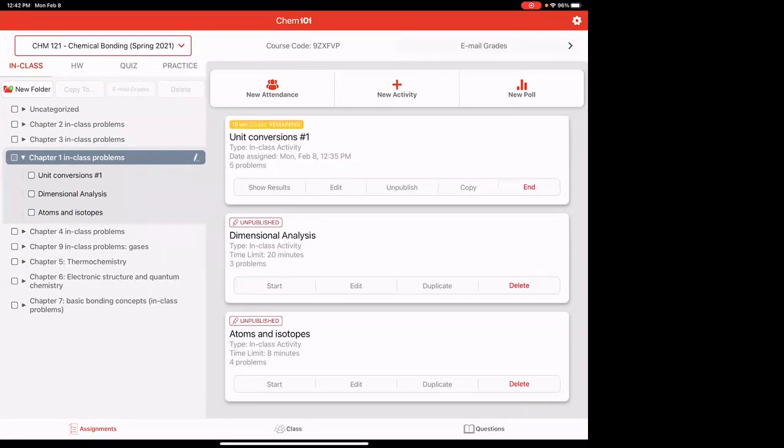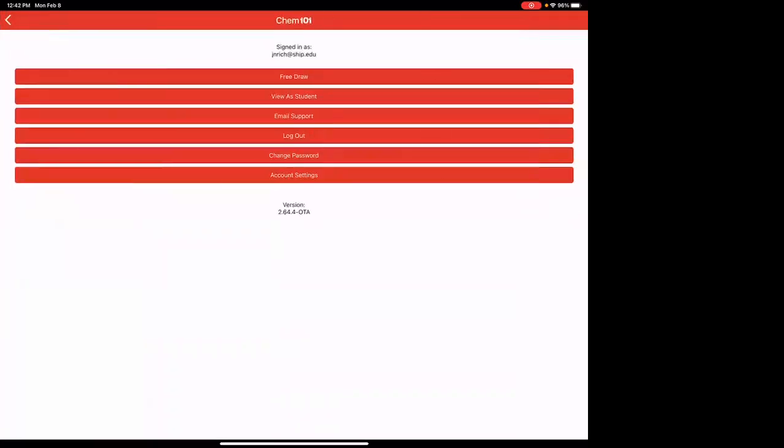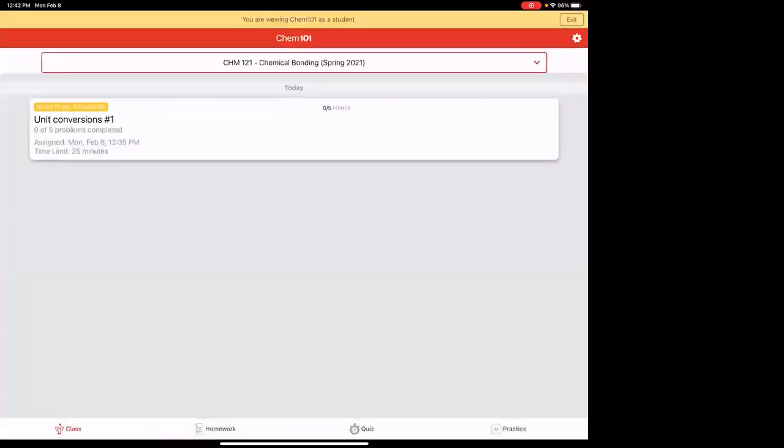If I look at this in the student view and go under the practice problems tab, the only one that shows is unit conversions 1, because that's the only one I've opened up for you to do. Oh, I found it. I was under the wrong tab. Yeah, it's finding the right tabs. You have a quiz tab, an in-class problems tab, and a homework tab. Those are the 3 main ones you're going to be using.